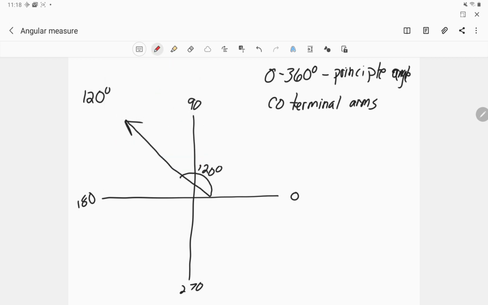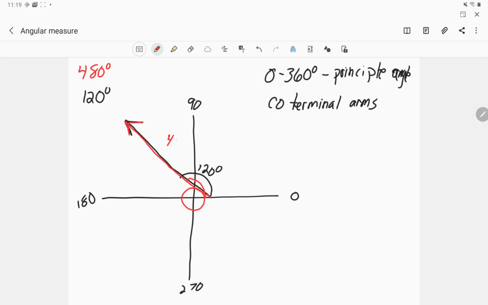Now, if I said, I want you to draw an angle that is 480 degrees. What that means is I would start at 0, I would go all the way around, there's 360, another 90 would be 450, and another 30 would bring me here.